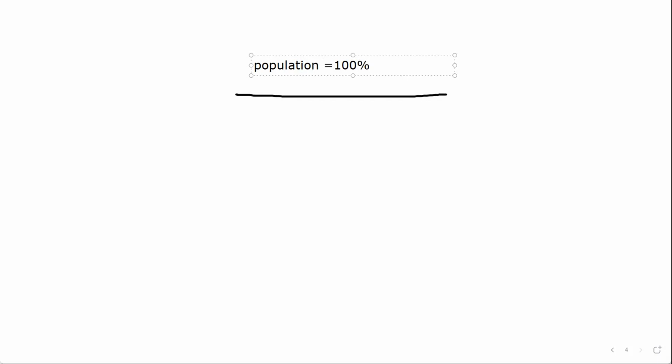Now, if my sample size is 10% of this, so that's 10%, and I have another 10% and another 10% and another 10% and another 10%.